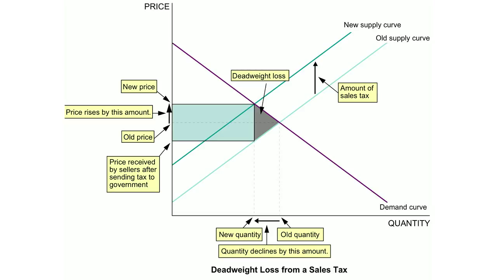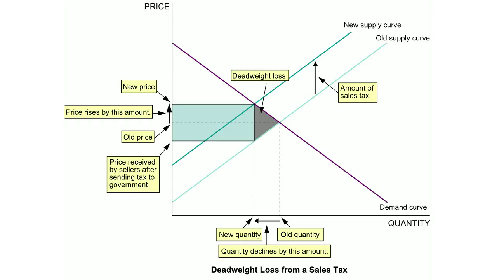Here's our diagram, which we've seen many times before. The red line represents the demand curve. The lighter blue line represents the supply curve before the tax is put into place.